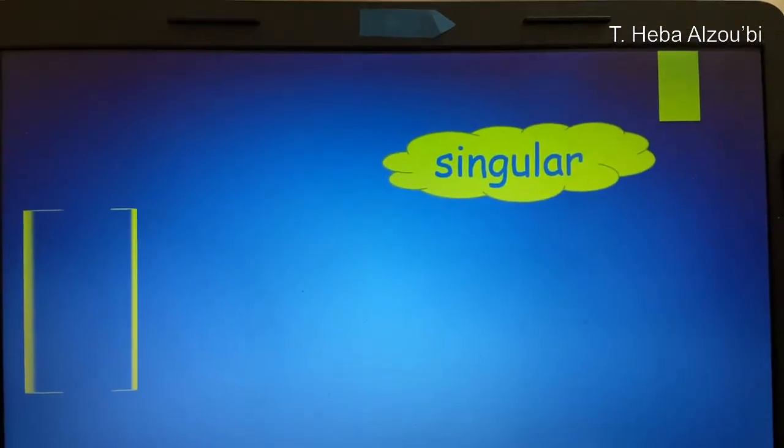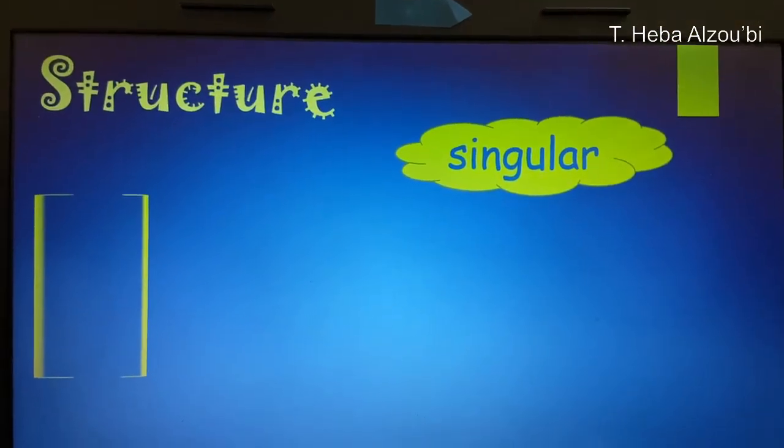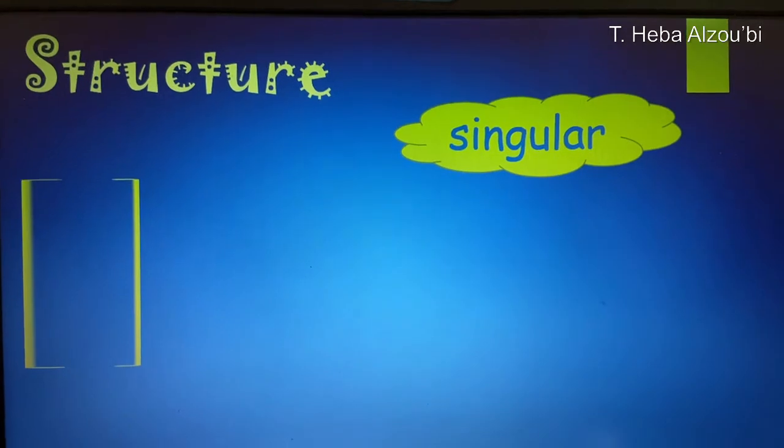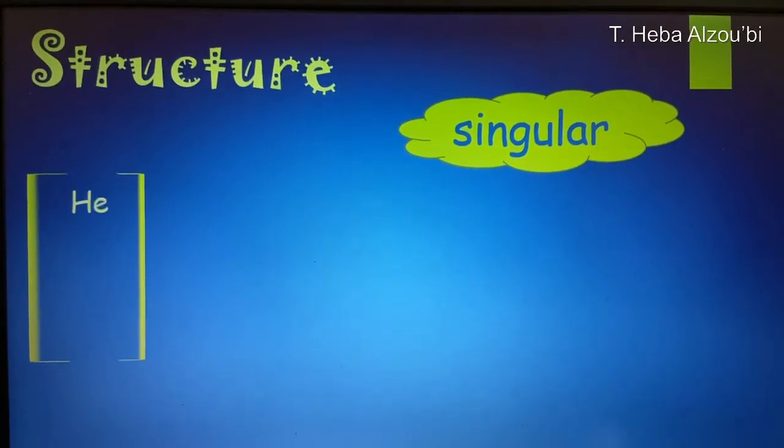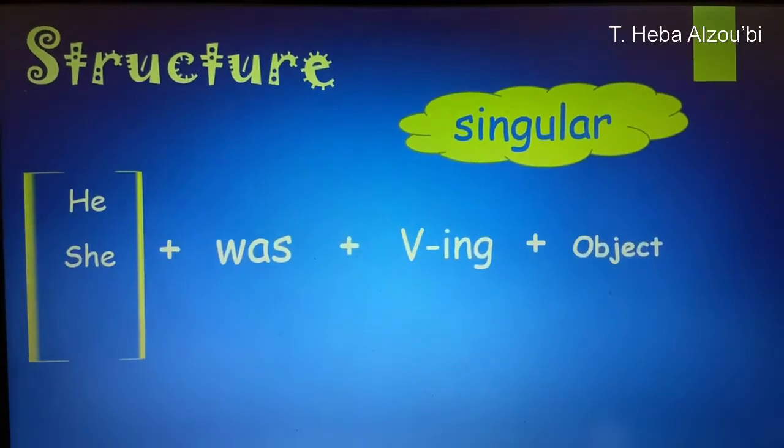What about the structure? Let's recognize the structure for the singular pronouns or nouns.